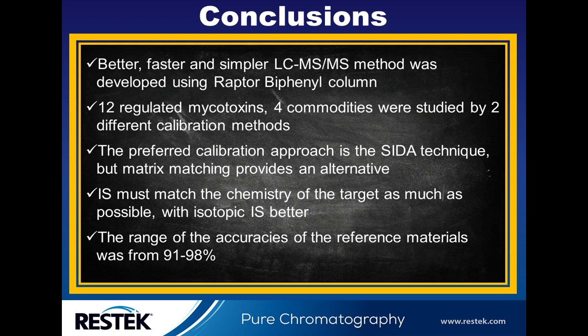But matrix matching is another alternative if you don't have the internal standard available. This internal standard is also very important for the SIDA method, so you better match the chemistry of the target as much as possible. Otherwise, you probably will have inaccurate results, as I observed. So it seems like my method is really accurate for those compounds for which I have the internal standard.